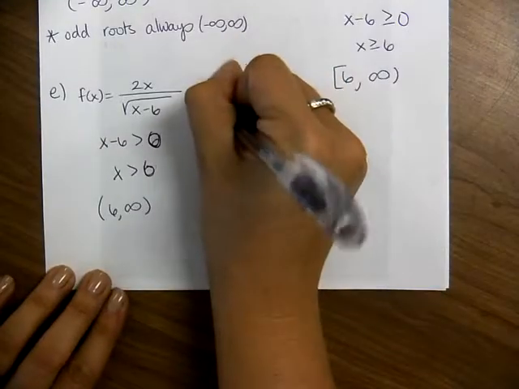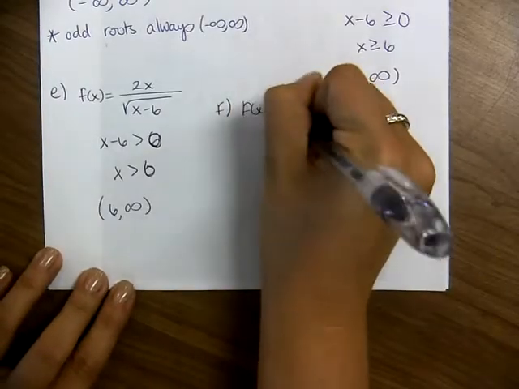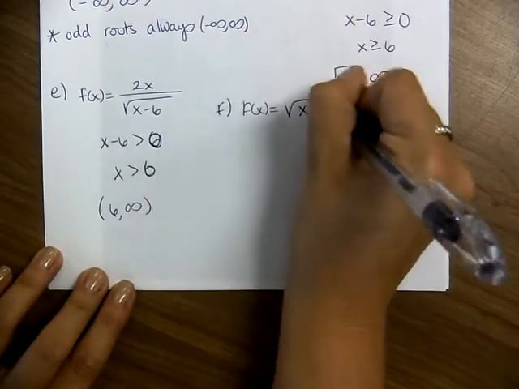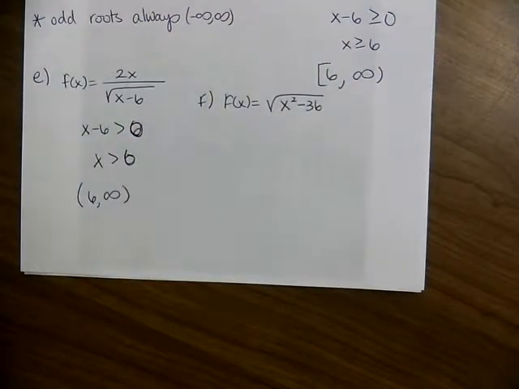Now we're going to change it up a little. What if I give you f of x equals the square root of x squared minus 36? Still square root, right? Still could be 0. Still has to be positive. So we're still going to set it greater than or equal to 0.